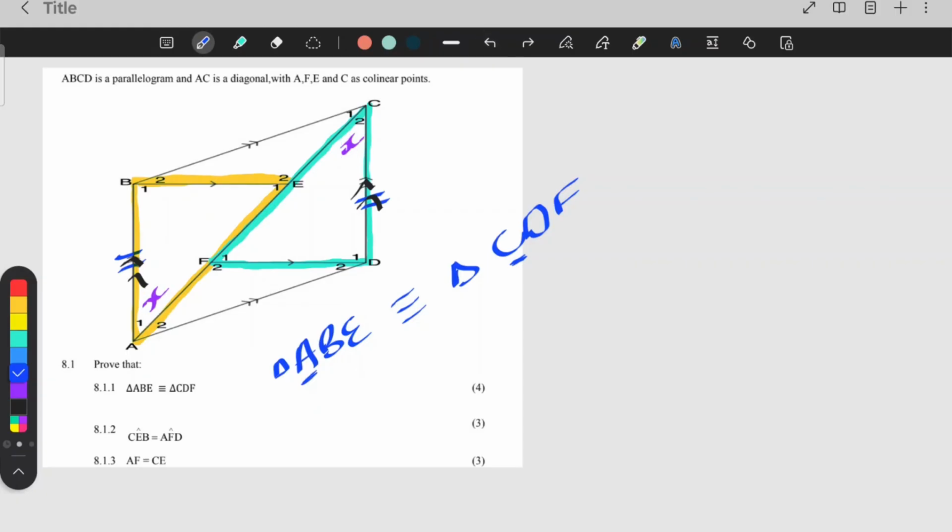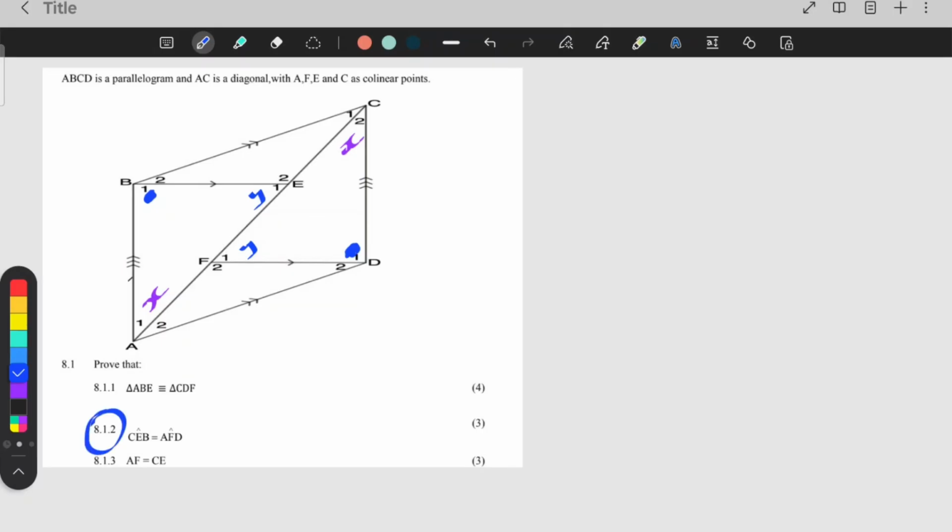Because of congruency, B is equal to D. So, you see this B over here, that B is equal to this D because they are congruent. And then E is equal to F. So this E, let's make it Y, is equal to this F over there. Okay, but that was proven. I'm just going to fill it in because now we have just proven that the triangles are congruent. So maybe in the next question, I might have to use the fact that those angles are equal.